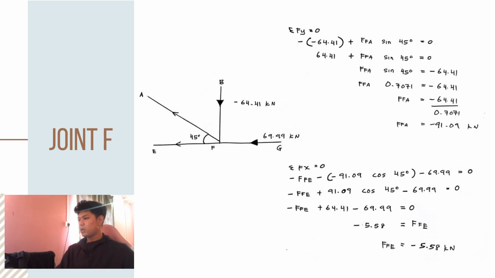I calculate the bracket and got negative 64.41, and we use the same method: negative FFE plus 64.41 minus 69.99 equal to 0.